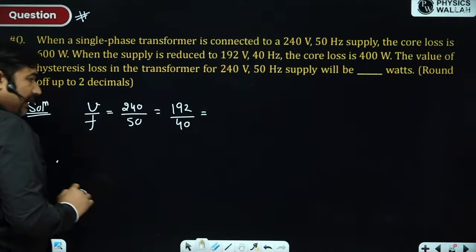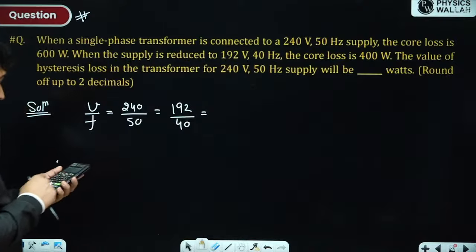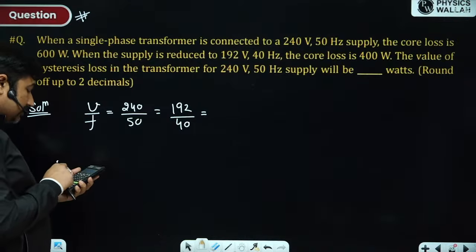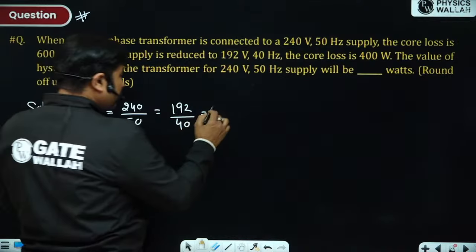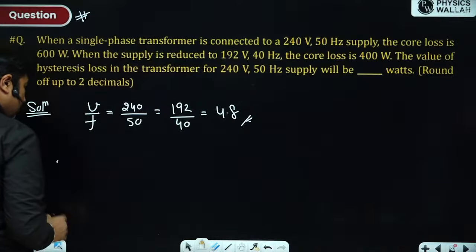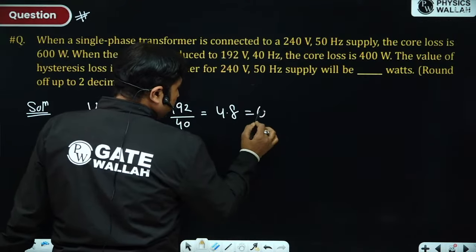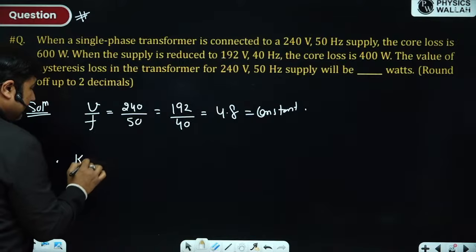In case the V by F ratio is constant, we have a different approach. In case it is not constant, we have a different approach. So 240 by 50 is 4.8. Both V by F ratios are 4.8 and that is constant. So when the V by F ratio is constant, you can calculate KE dash.